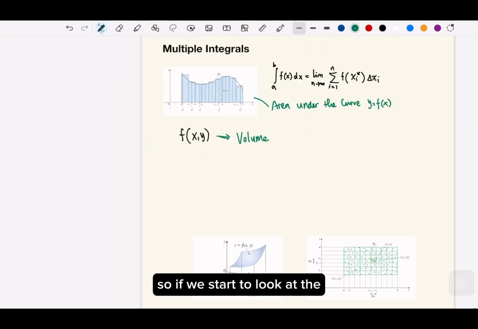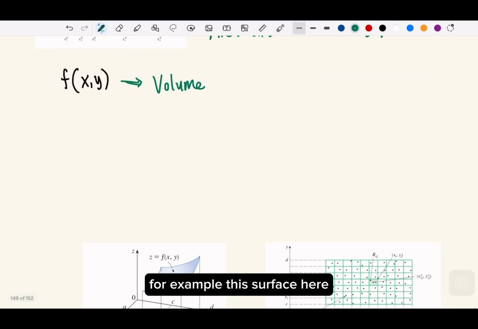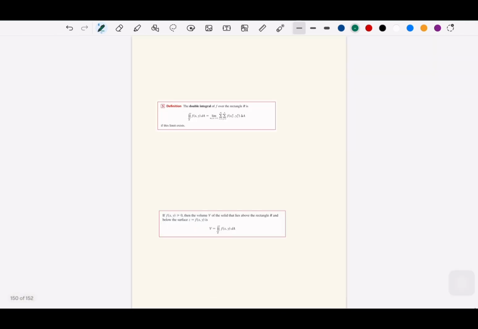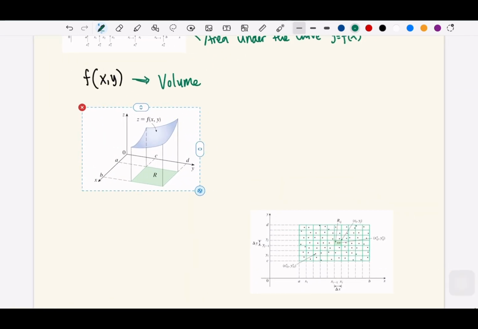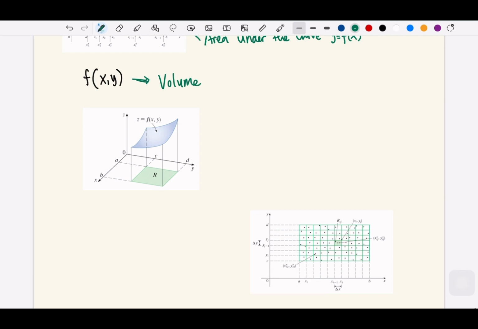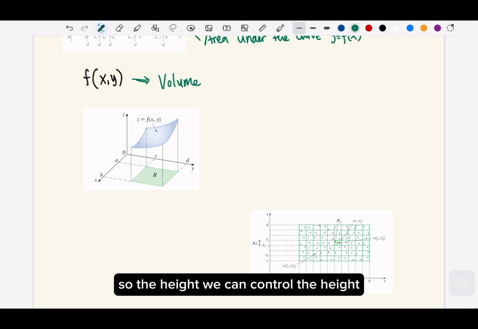So if we look at this surface here, let's define f(x,y) as z, the height, so we can control the height.